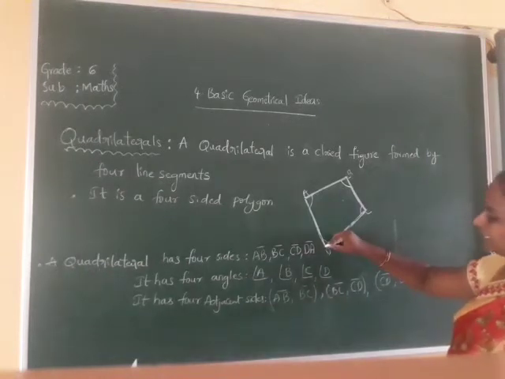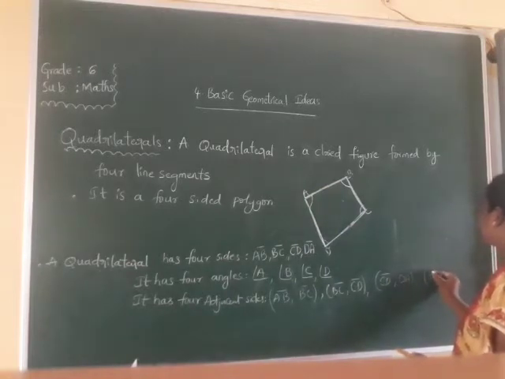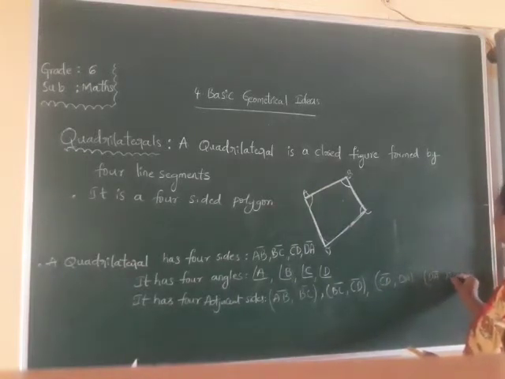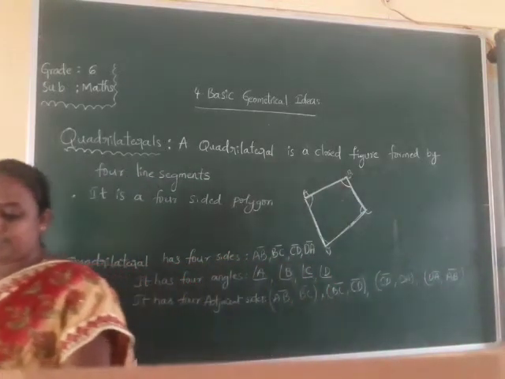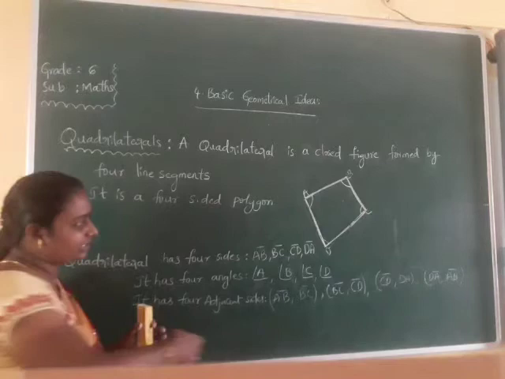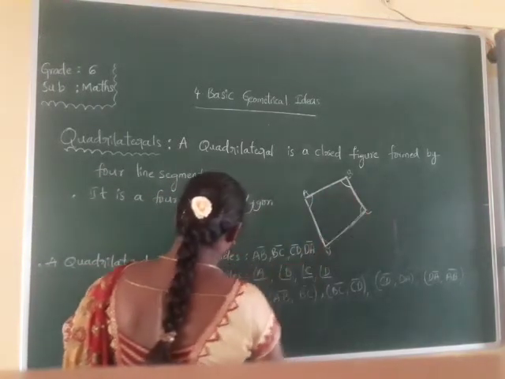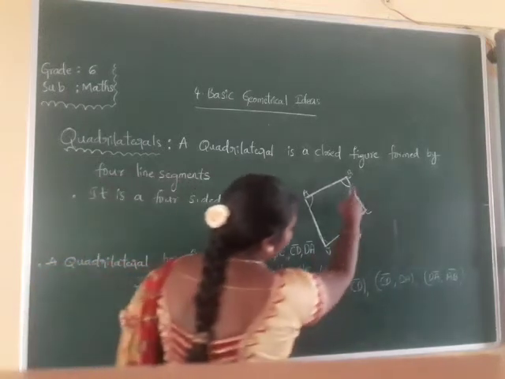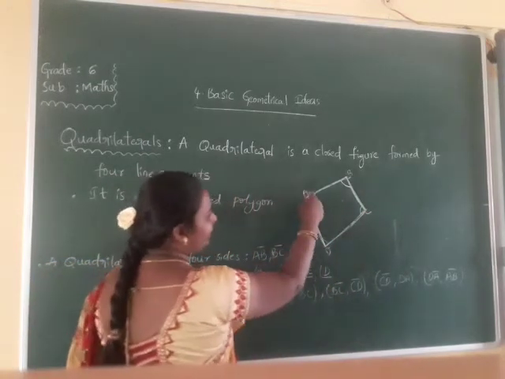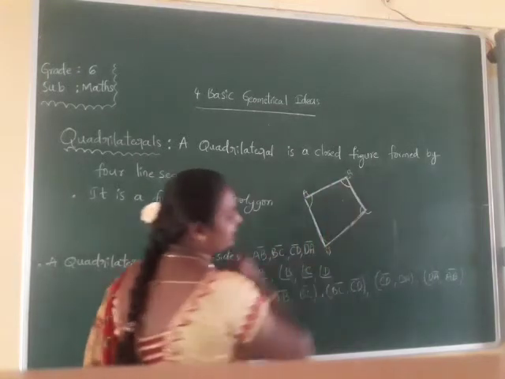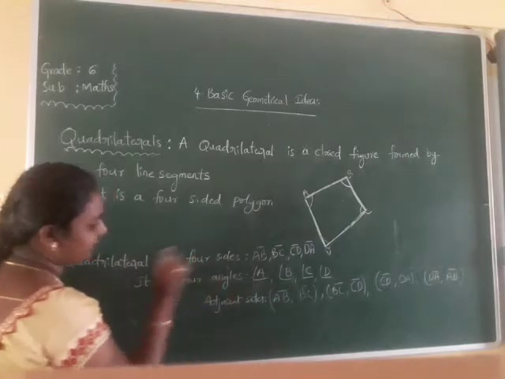The adjacent side of DA is AB. So you may write the adjacent sides.